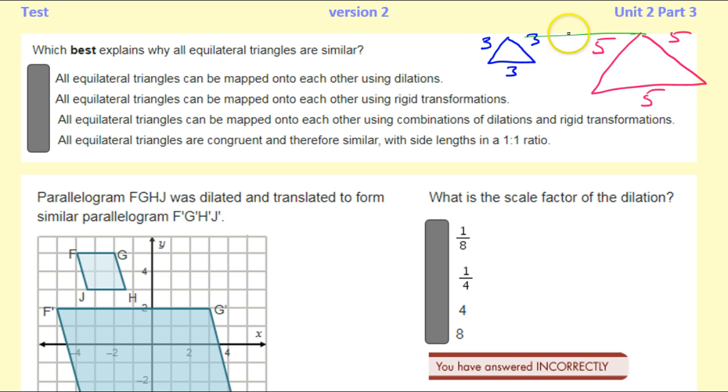So for example, if I did a dilation and I blew up the small triangle into the big triangle, then that would be a dilation, and boom, that could be done.